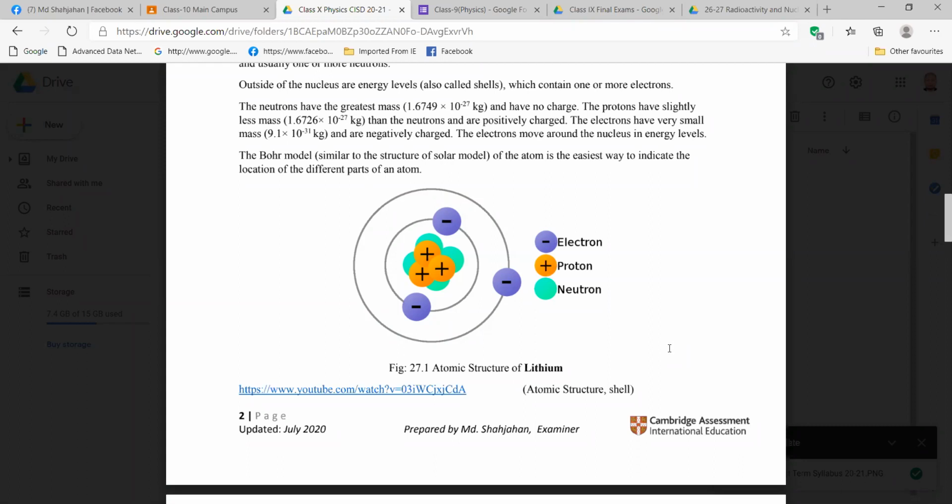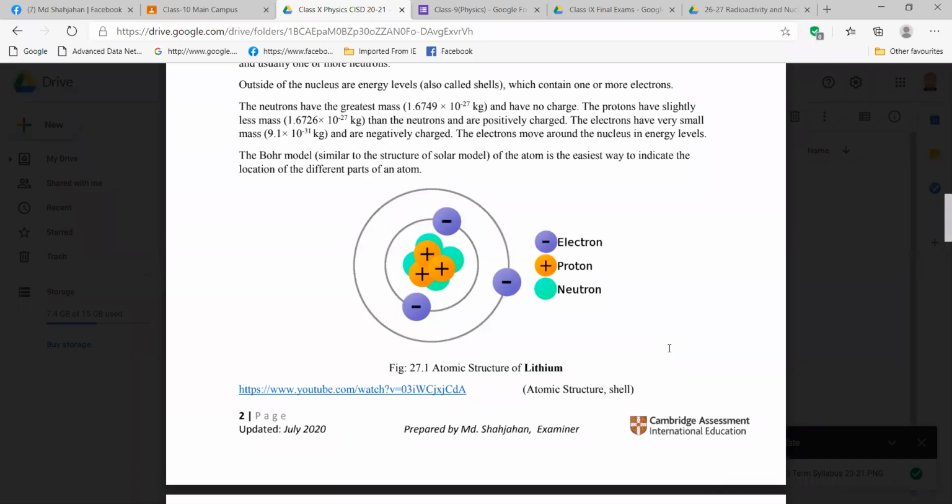From this structure you can understand the mass number. 7. The mass number has another name. Can you tell me the name? Nucleon number. So we will use both these terms. Nucleon number, sometimes we use mass number, and it is represented by capital A, right?